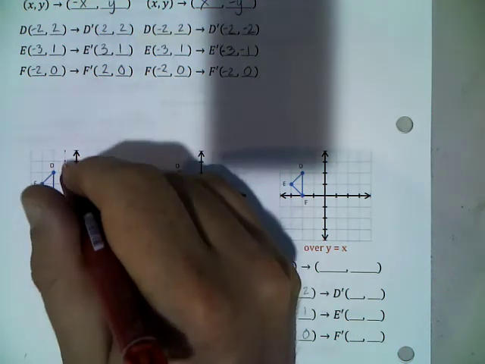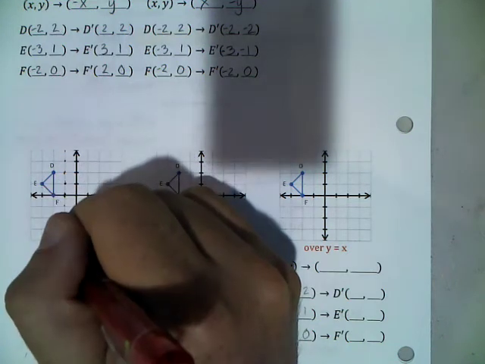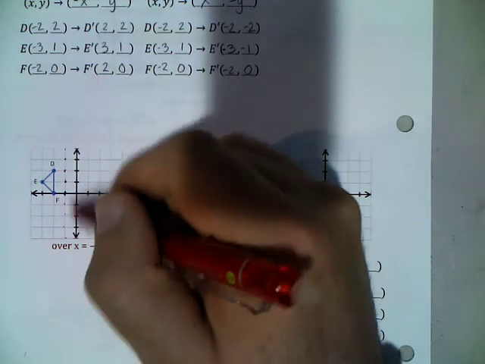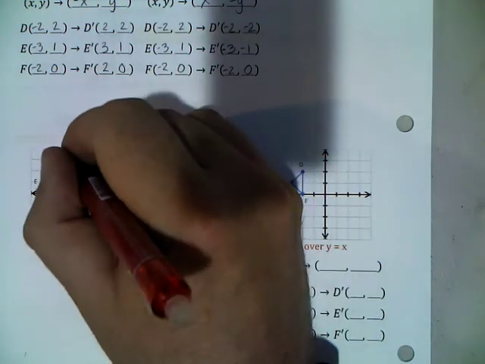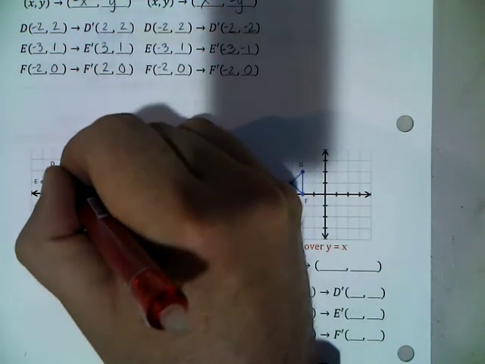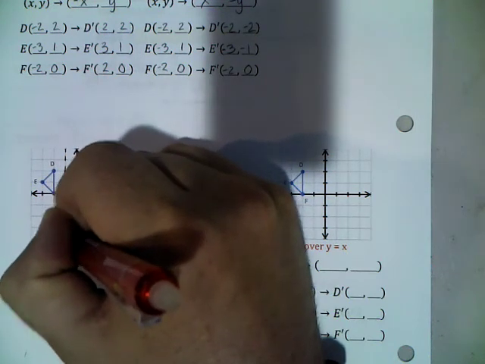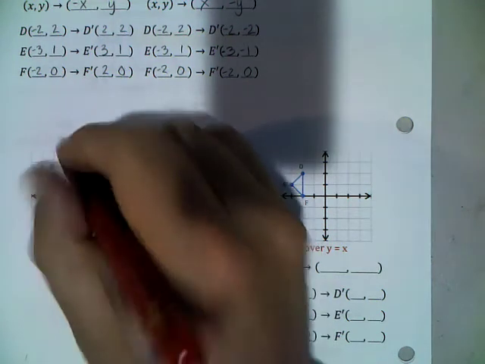And this goes on forever. And so if we think about connecting these dots, you're going to get a vertical line. So whenever you have an x equals something, it's going to be a vertical line.